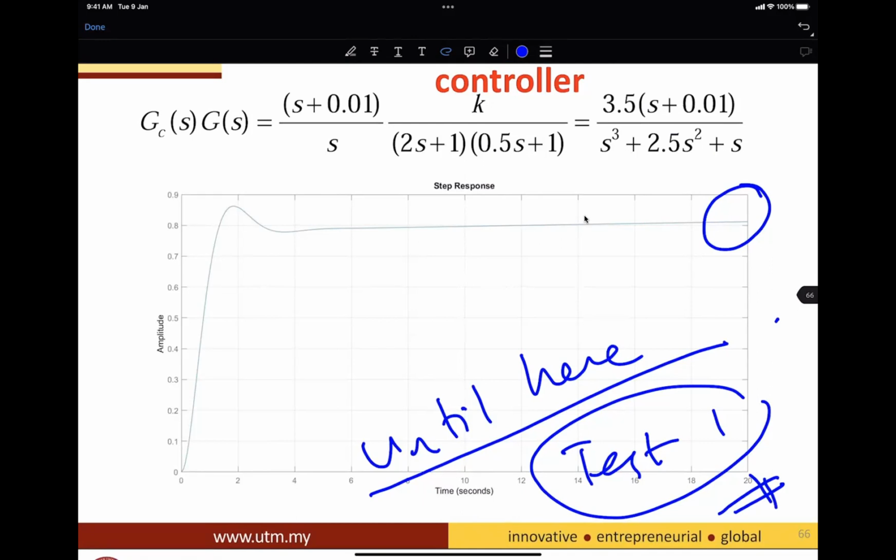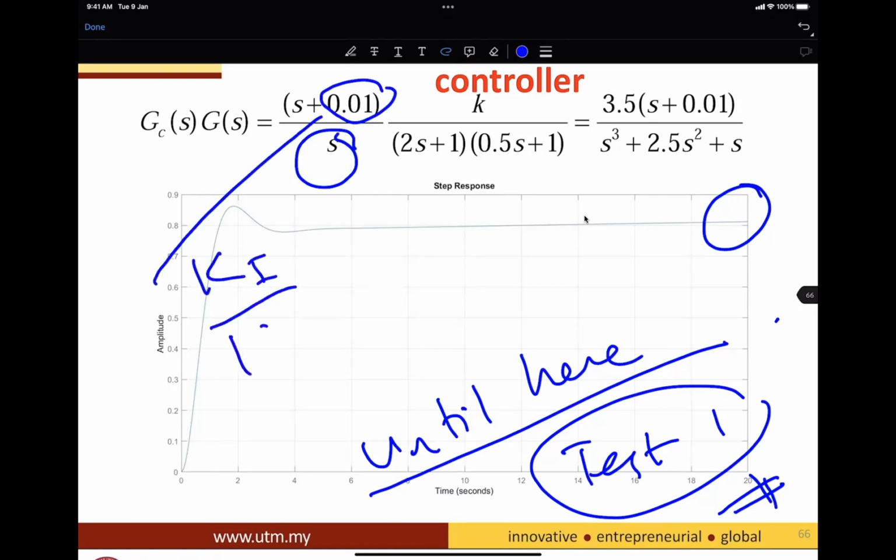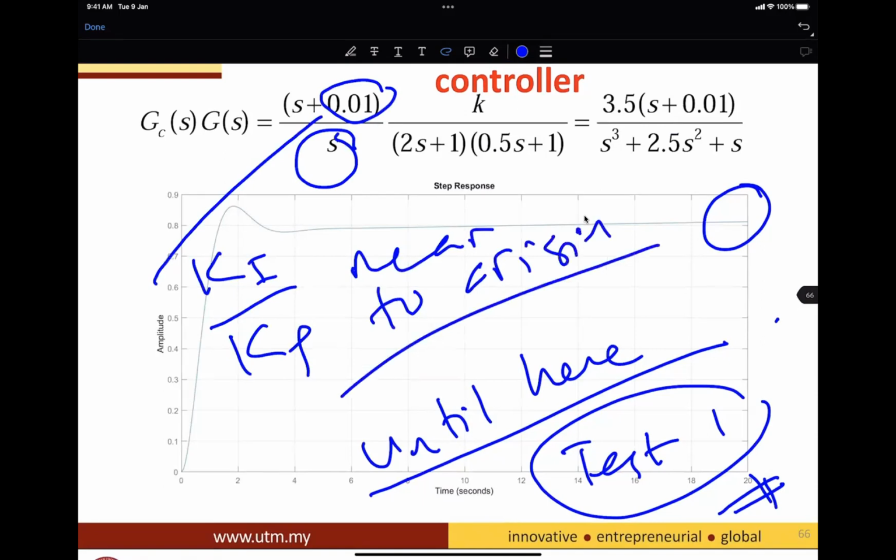Any number, as long as the zero is near to the origin. The over S is compulsory. This number is actually the ratio of Ki over Kp. You can choose any number which is near to the origin.